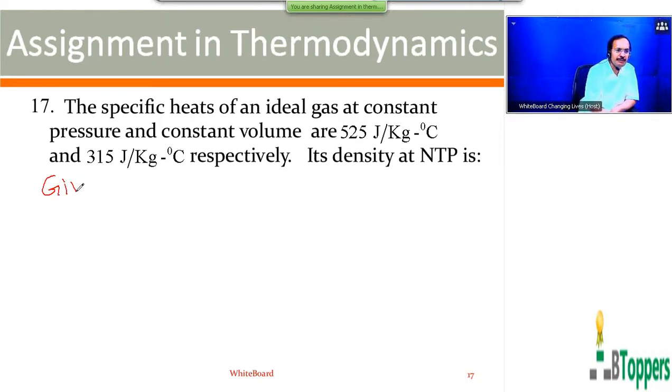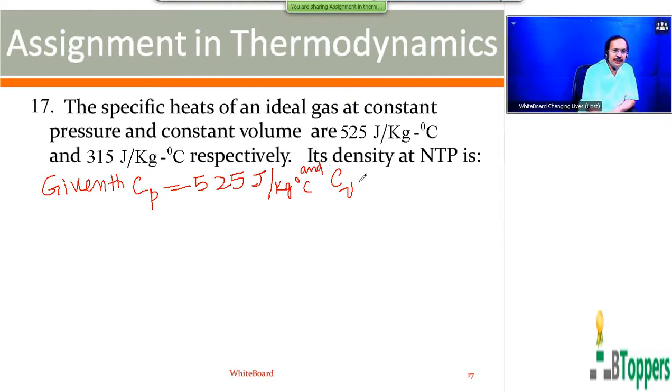That means you are given the values of specific heat per unit mass at constant pressure as 525 joule per kg per degree centigrade, and specific heat per unit mass at constant volume as 315 joule per kg per degree.